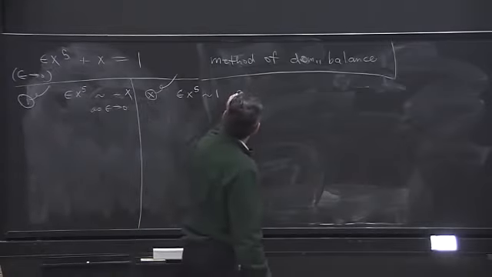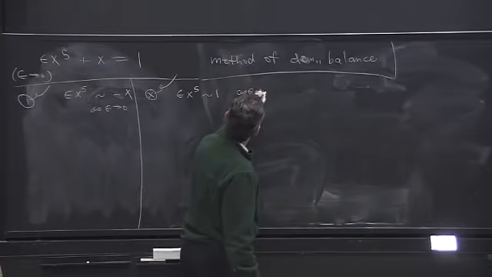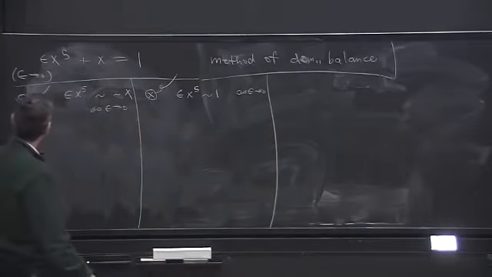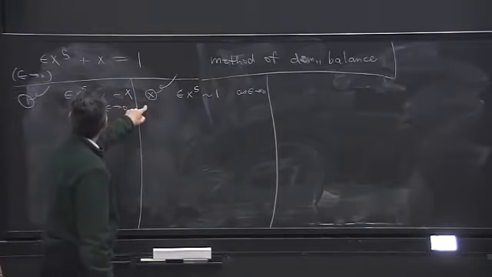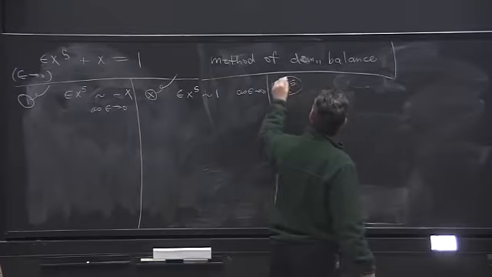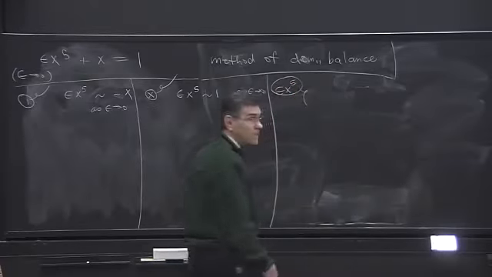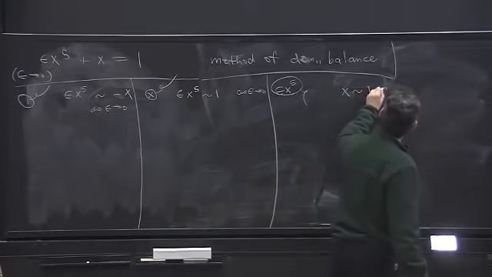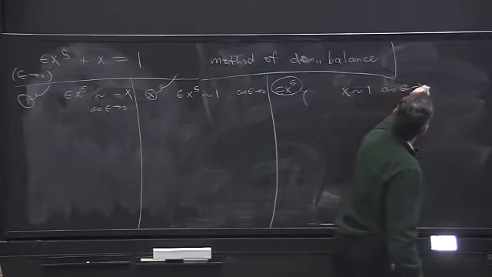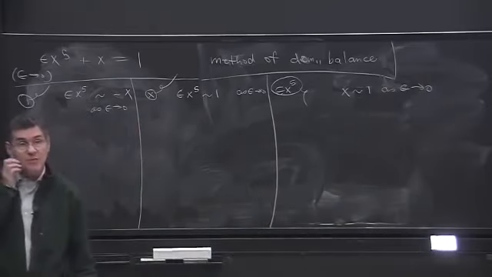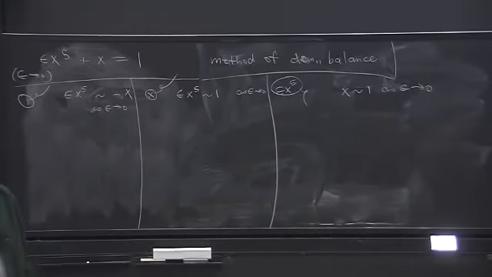And a third possible statement would be, so we've thrown away 1, we've thrown away x, maybe epsilon x to the 5 is negligible, and we conclude that x is asymptotic to 1 as epsilon goes to 0. So let's look at each of these statements in turn and see if any of these are correct. We don't know which of these might be correct.